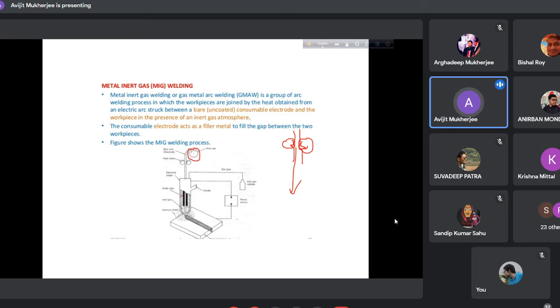Here this is the total setup, that is a gaseous envelope. So inert gas is fed here. So inert gas envelope, again helium, carbon dioxide, argon, those may be used. And we may also use recirculating water to reduce the heat. Okay, so this will be covered.